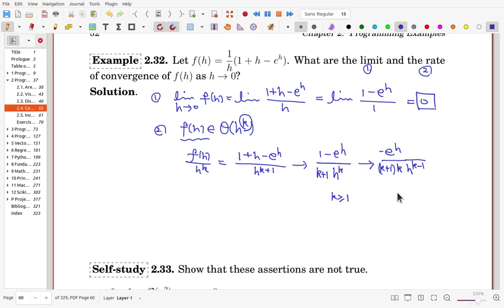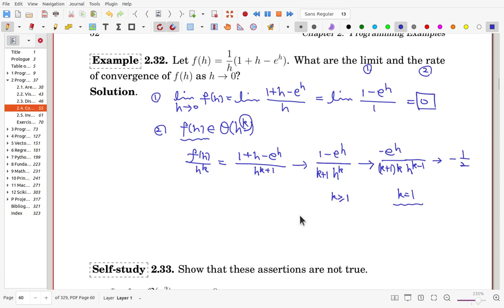And so we decide at this moment that k is 1, then h to the 0 is 1, so that is -1 over 1 times the bottom 1 plus 1, so that is approaching -1 over 2, okay? So k cannot be 2. Once it is 2, then the denominator is approaching 0, so the quantity is blowing up, so we cannot say that. So here k is 1, so f of h is big O of h, okay?